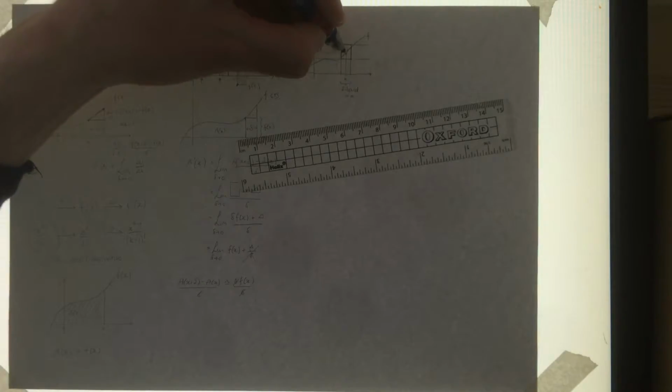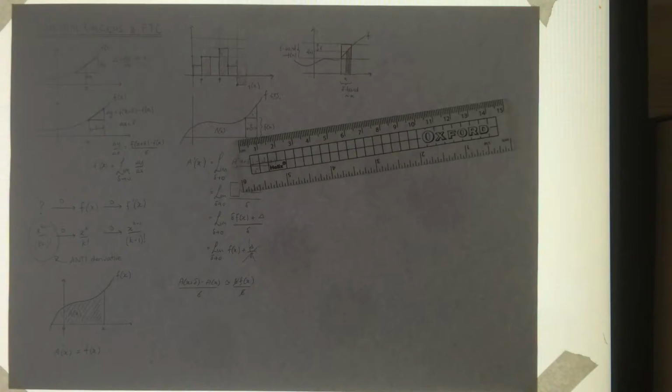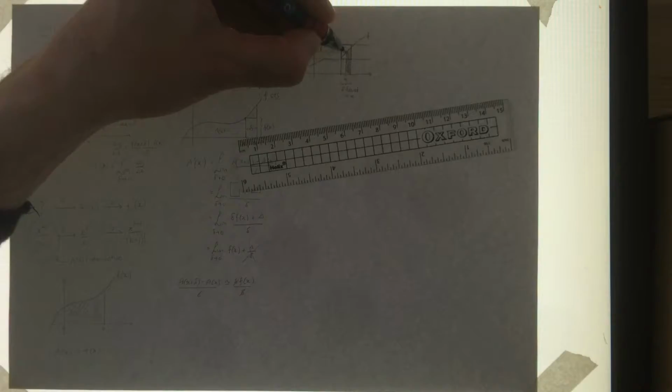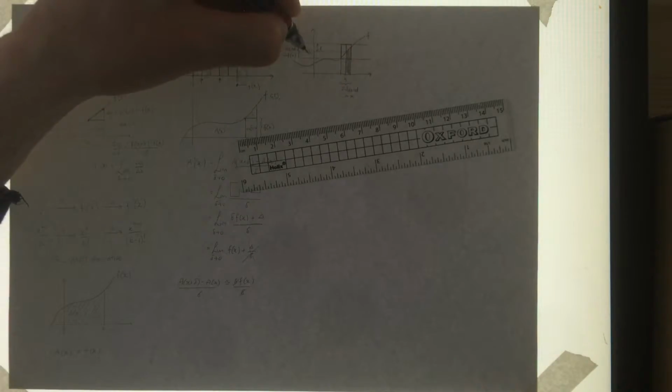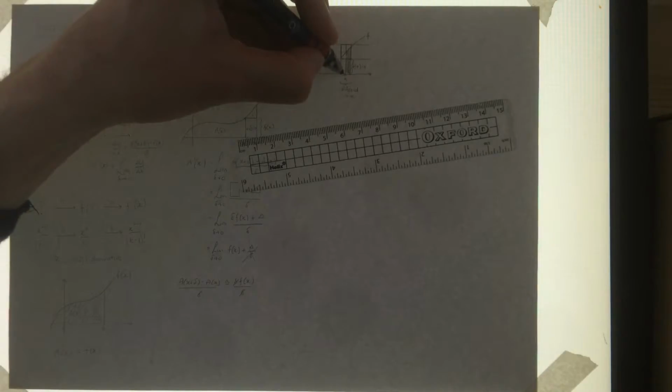So what can we say about this area here? Well, it has to be somewhere between this area, which is f of x minus epsilon in height, and delta across.